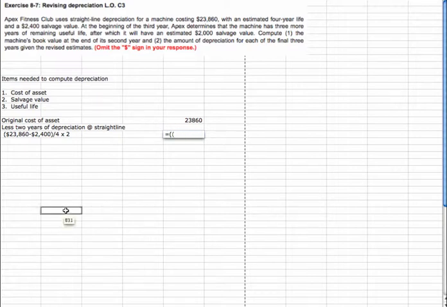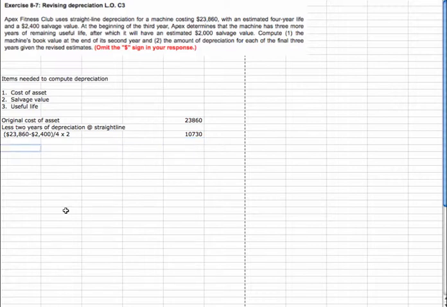We'll say (23,860 minus 2,400) divided by 4 times 2. So we've got that we've depreciated over 2 years $10,730.